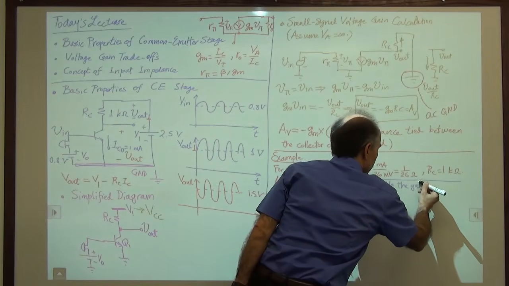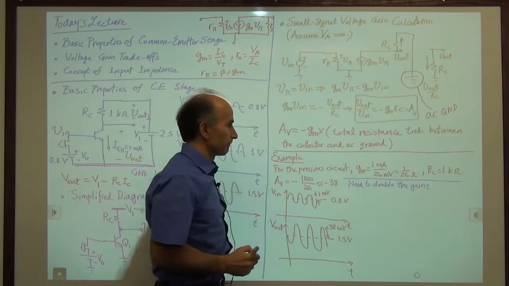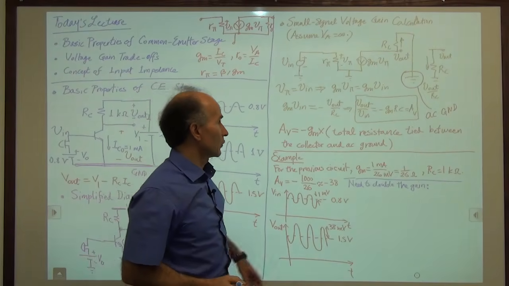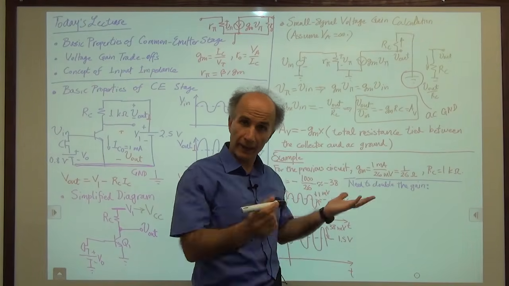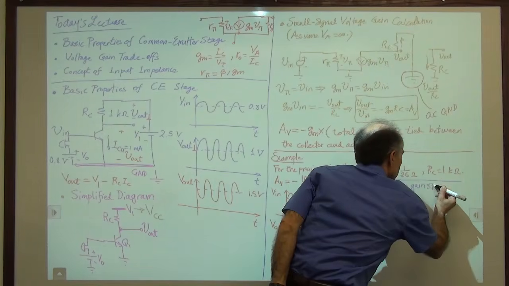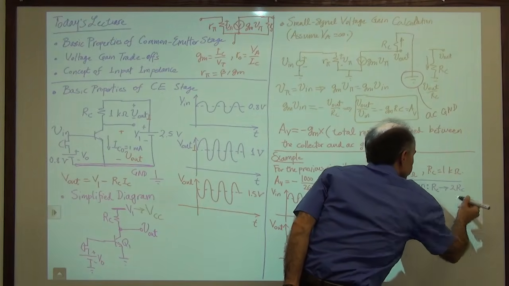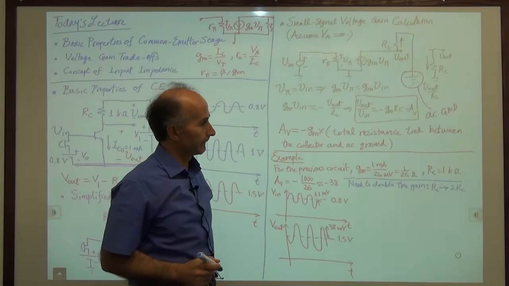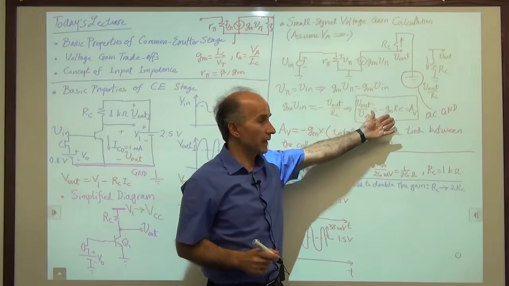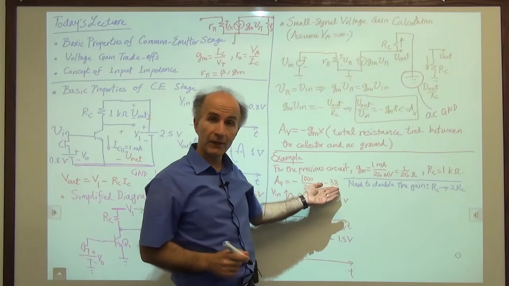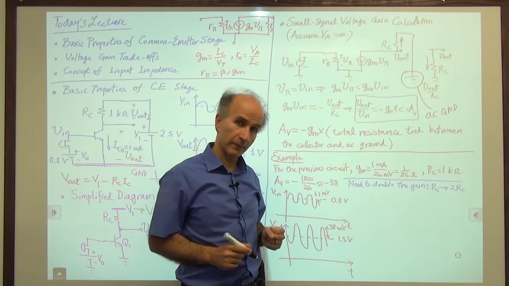Perhaps because the application needs more gain, so your boss came back and said, we need to double the gain. So we said, all right, should we double the GM? Should we double RC? Maybe we'll just double RC, not GM, just as an example. So RC goes to 2RC, right? We double it. Okay, so this simple derivation here tells me that the gain will be minus 76, not minus 38, if RC is 2 kilo ohms, right?